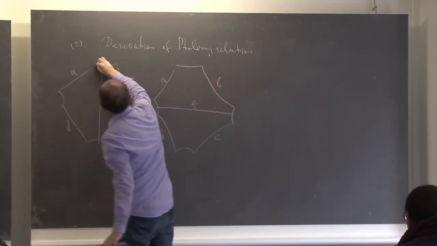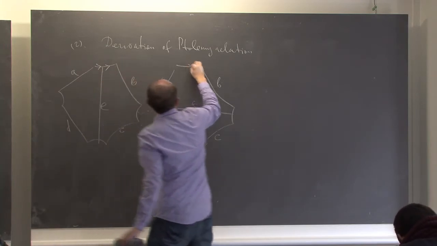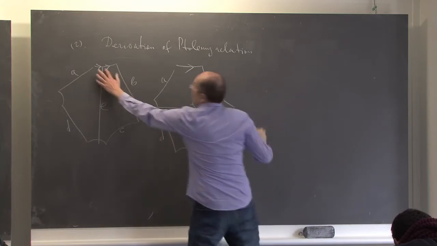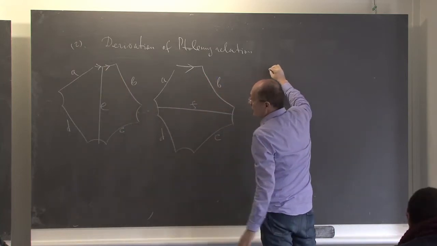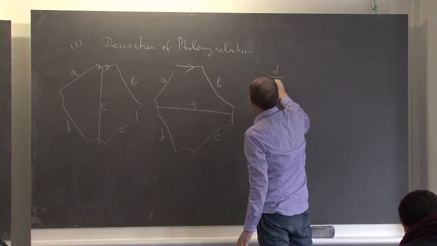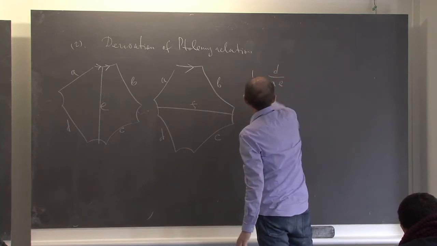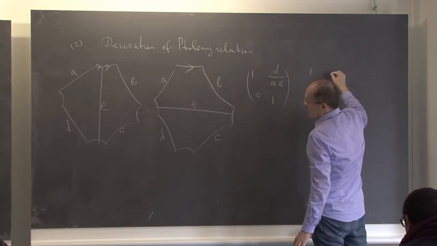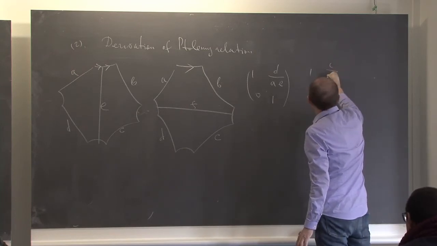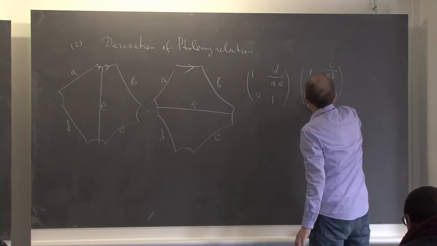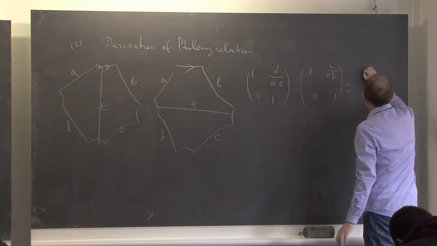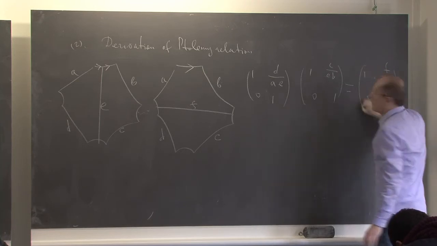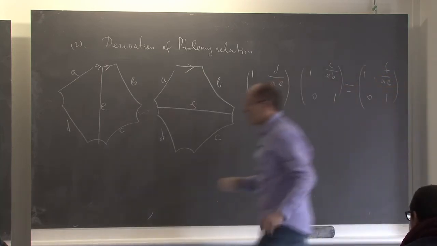And now let us calculate these parallel transports and equate them. So here we have D over AE, 1, 1, 0, times 1, 1, 0, C over EB, which should be equal to 1, 1, 0, F over AB. So, a simple multiplication exercise.